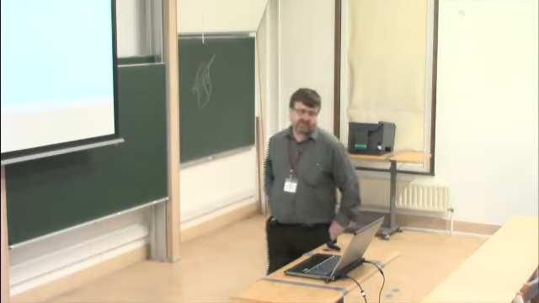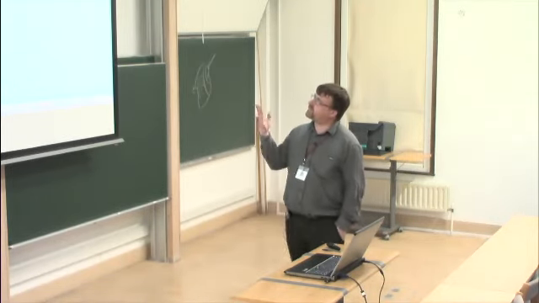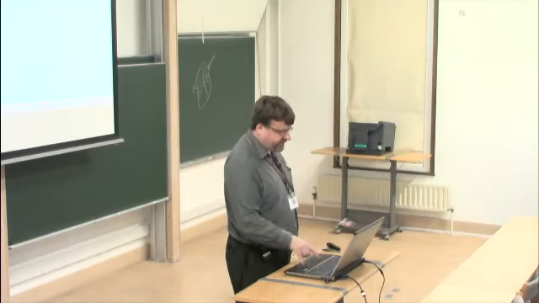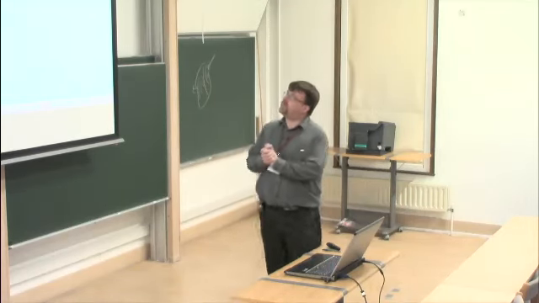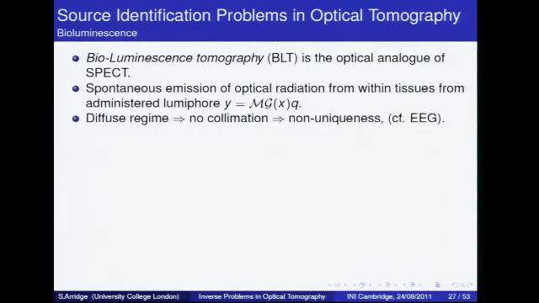So now we're measuring here. We don't have control over the source. We're trying to identify the source, and we only have one measurement on the boundary. So we have dimensionally a shortage of information, because in 3 dimensions you measure on a surface, so you have a 2-dimensional function, and you're trying to reconstruct a 3-dimensional function.